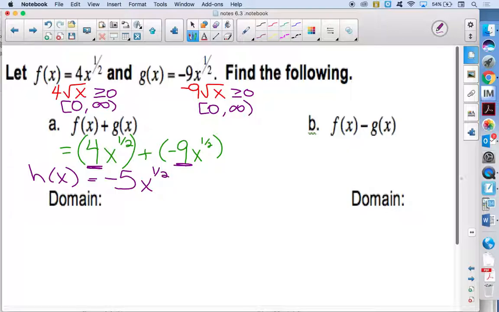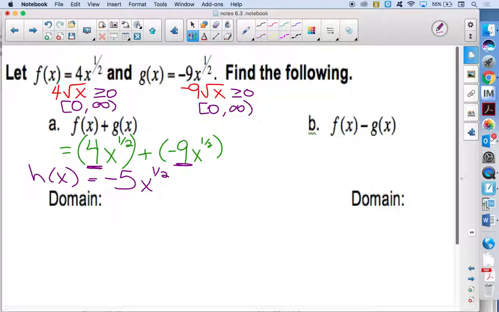Remember, the x to the 1/2 doesn't change. It's a like term. If I added 4x minus 9x, I get negative 5x. The x just kind of carries along. That's the like term part, the part that's the same. You don't change that, so you're not doing anything with those exponents. Okay.